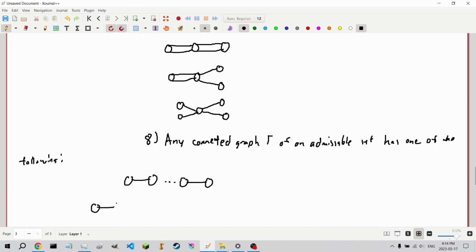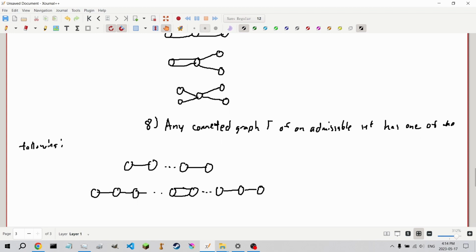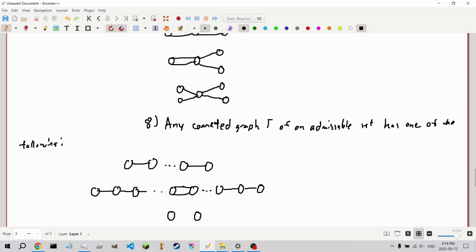Second case is a pair of simple chains connected by a double chain. Third case is, as we saw, one of the following forms. So I think this is all of our cases just without the additional constraints from before.